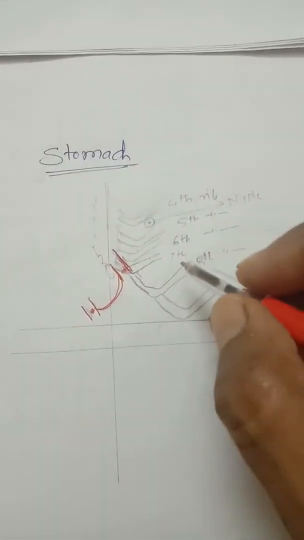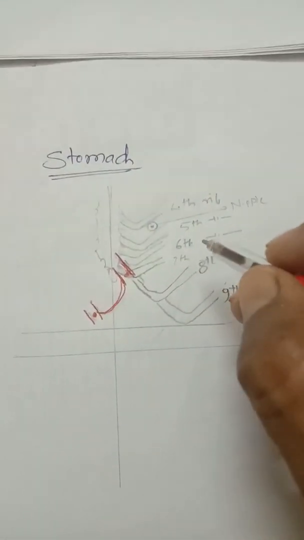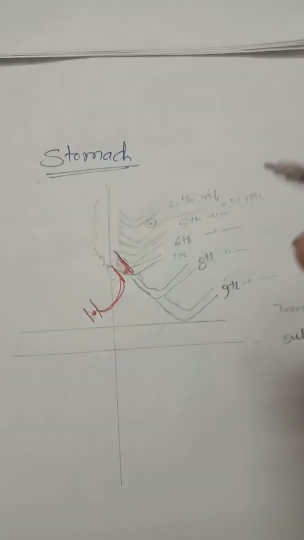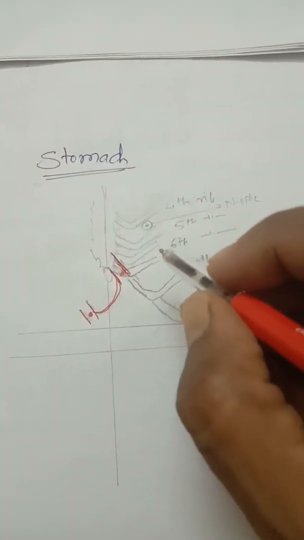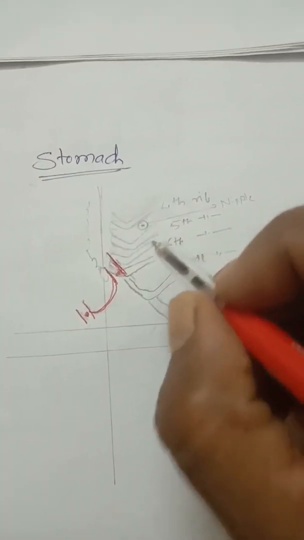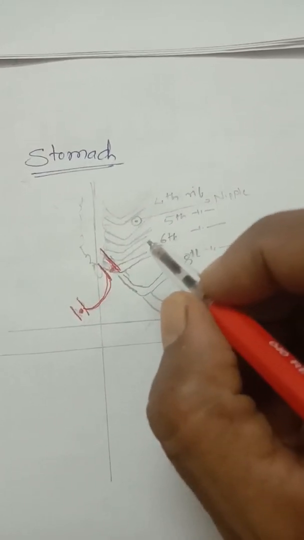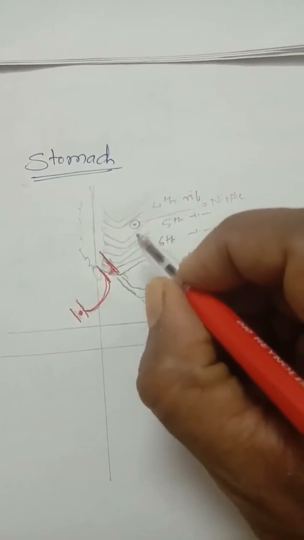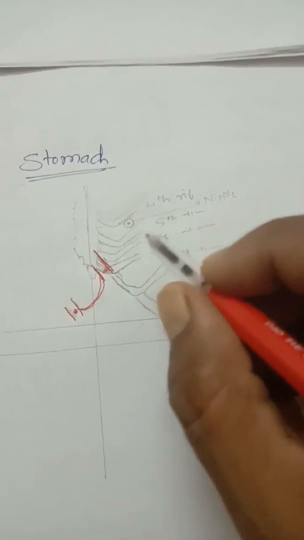Then to draw the fundus and the greater curvature of the stomach, take a point in the 5th intercostal space just below the left nipple.